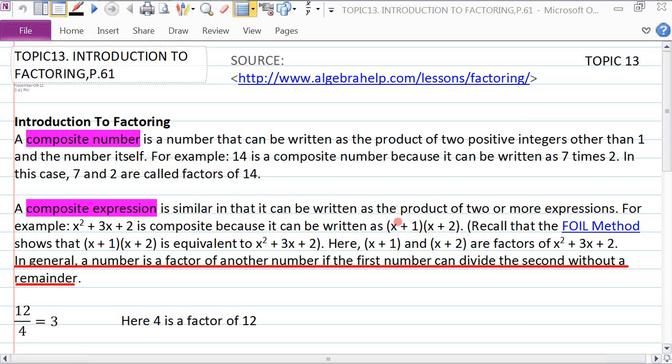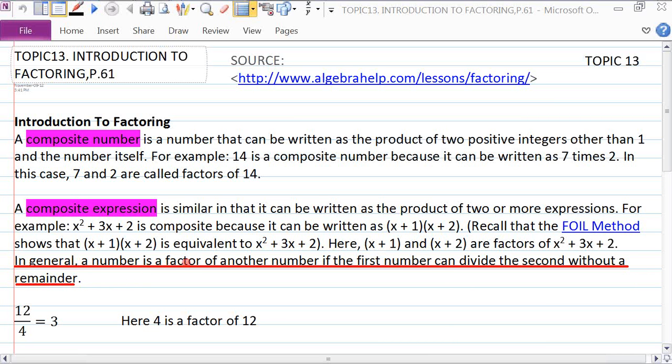So we're adding 2x and 1x, and we're getting 3x. The combination of the outer and the inner gives us this middle term. So here we say x plus 1 and x plus 2 are factors of x squared plus 3x plus 2.